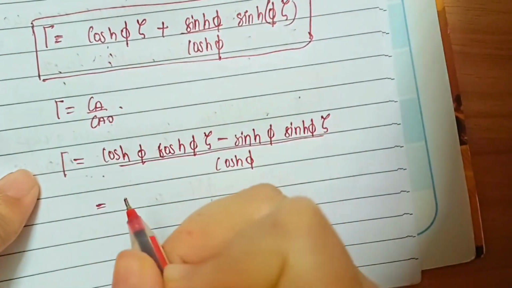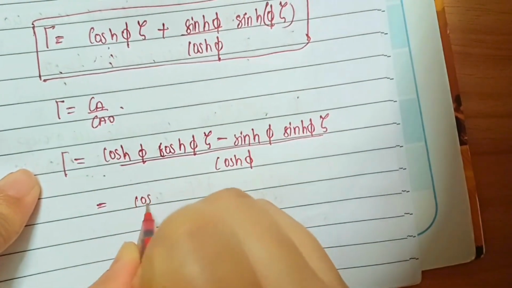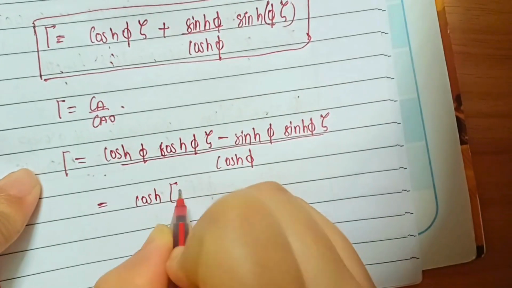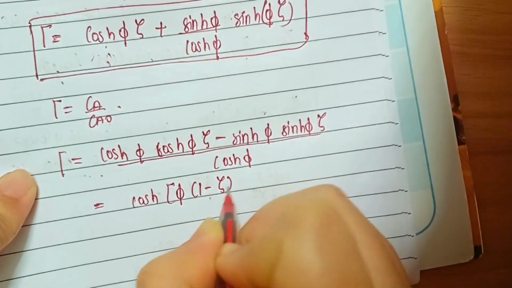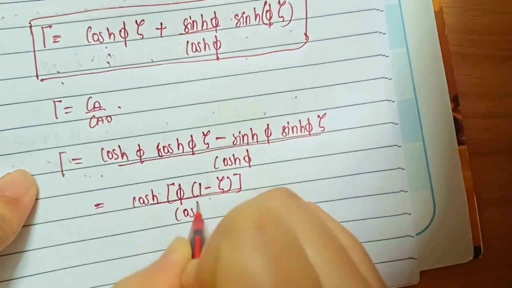It can be further simplified to cosh phi(1 minus zeta) upon cosh phi.